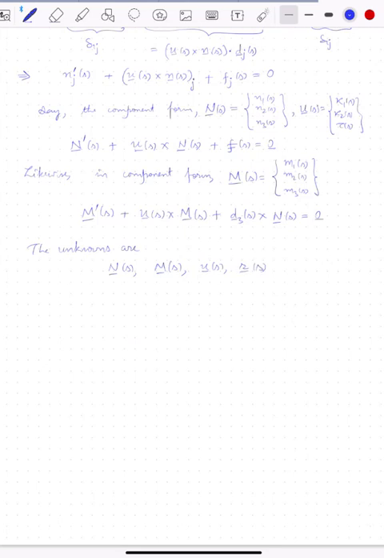These are the unknowns. So this totals 3 plus 3 plus 3 plus 3, which is equal to 12 unknowns.